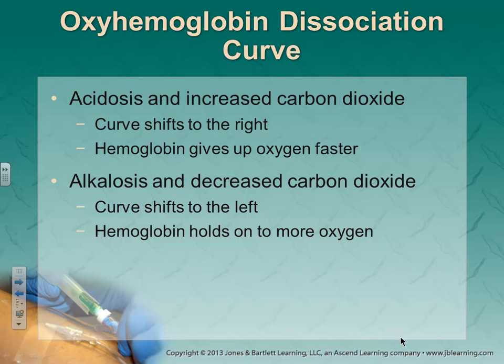And in acidosis, the oxygen actually does have a harder time binding to the hemoglobin too. So in acidosis, the oxygen has a hard time binding to the hemoglobin, so the cell's not going to get oxygenated. In alkalosis, it doesn't really affect the amount of oxygen that's bound to the hemoglobin. It more or less affects the fact that the hemoglobin won't release the oxygen as easily. So if somebody's in an alkalotic state, the hemoglobin won't release the oxygen as easily.